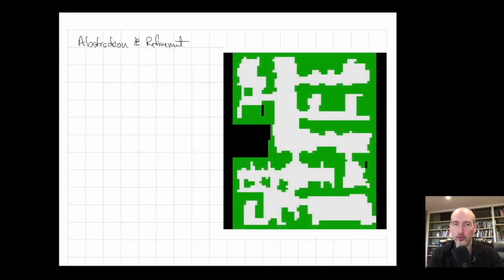So we're going to use an example here on the right-hand side. And we're going to look at a few different properties. And in particular, I'll come back to this, but we're going to be looking at the idea of downward refinement. And another idea that's important is serializable subgoals.